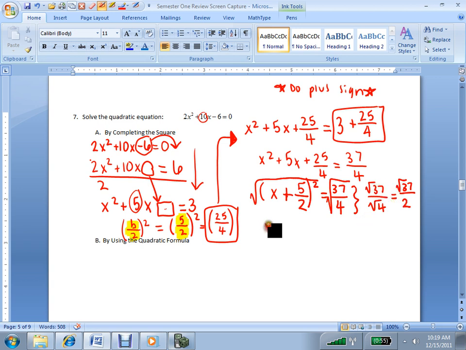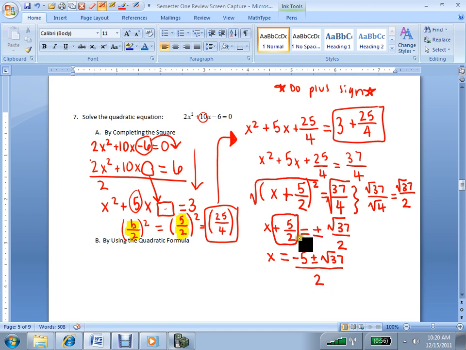So what we're going to do is x plus 5 over 2 equals plus or minus, don't forget, square root of 37 over 2. And then you're going to take plus 5 over 2 and subtract it, so x equals -5 plus or minus square root of 37 all over 2.